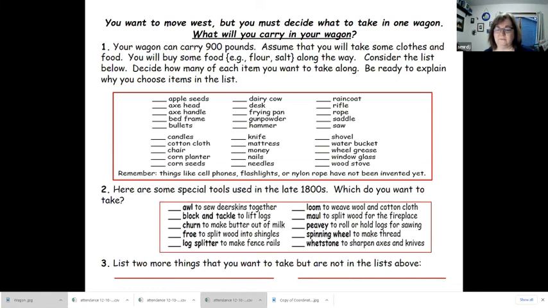Some of the students, if they are in a farming community or live on a small plot of land where they have even a large garden, will grab the apple seeds, the corn seeds, some of those pieces. Some of them only want the possessions, you know, the bed frames and the saddles and the desks, and they want the things. They're not thinking about traveling, even though you can spell out you're taking everything you need for you and your family.